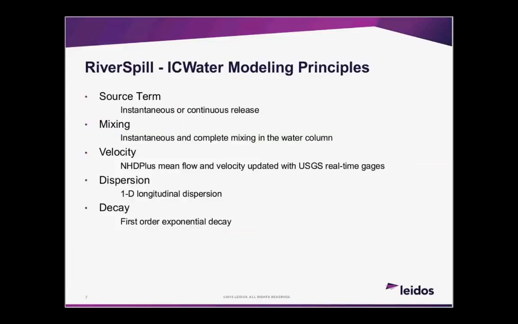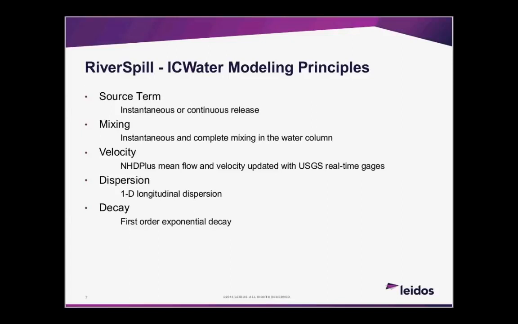The modeling principles behind IWAT. With respect to the source term, a spill can be modeled as an instantaneous release or a continuous release over some period of time. We make some assumptions about mixing. In this case, we're assuming instantaneous and complete mixing in the water column.